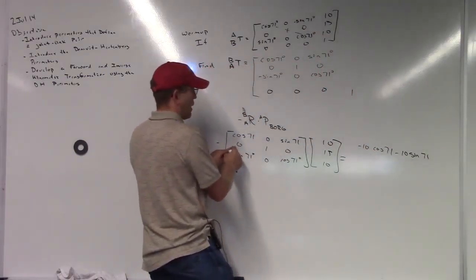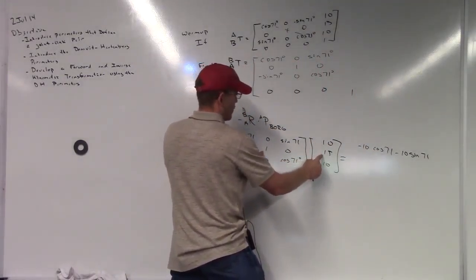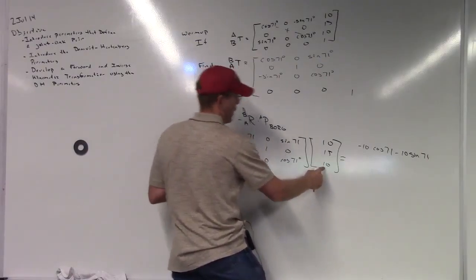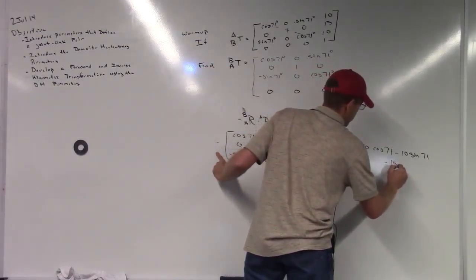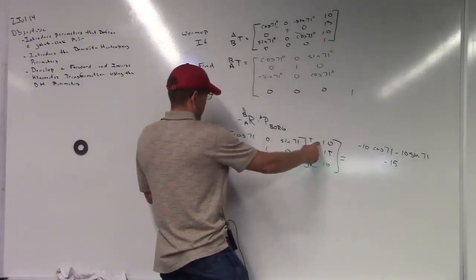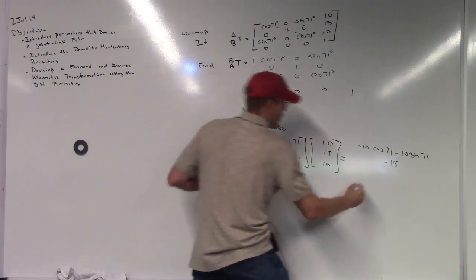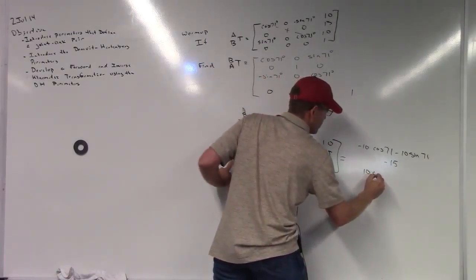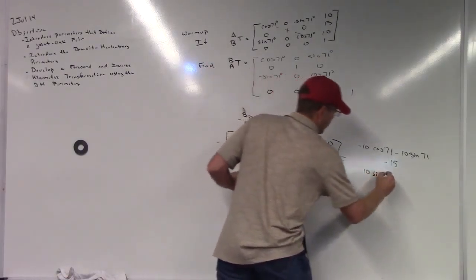In our second row, we have 0 plus 15 plus 10, but we have a negative sign in front of it, so negative 15. And finally, we have a negative times negative as a positive 10 sine of 71 degrees.